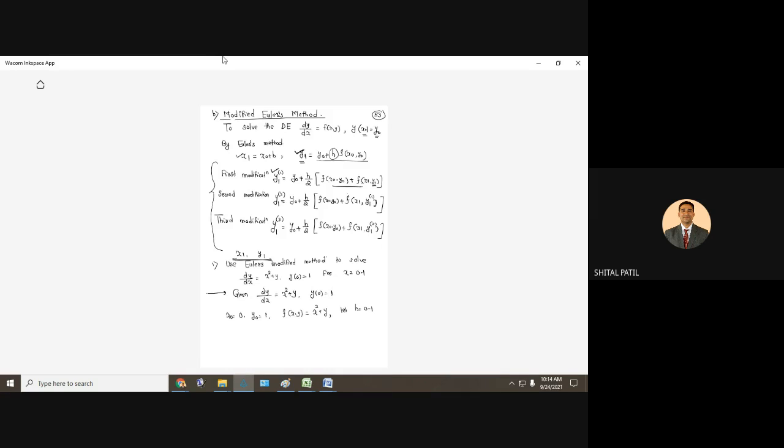Point 1, then right. Getting it? I'm using Euler's method here.